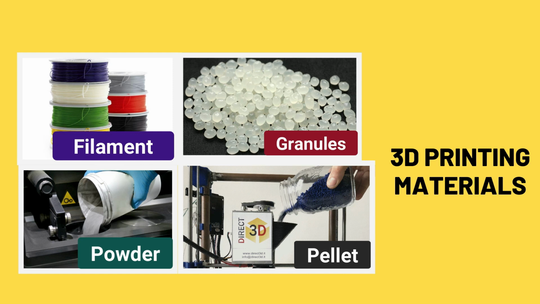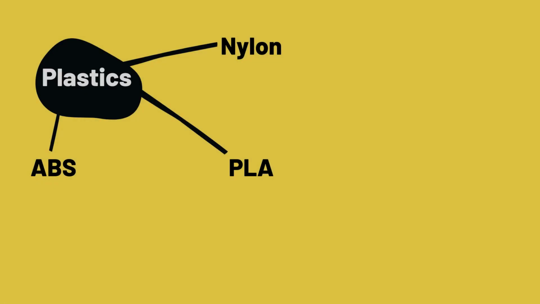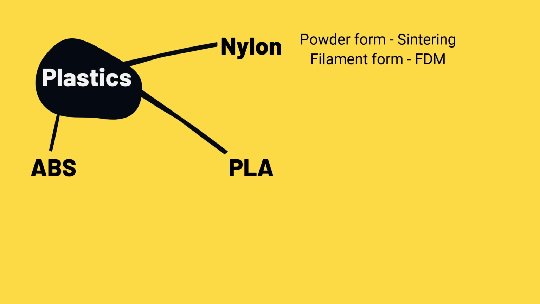In this lecture, we shall look into the most popular types of generic materials available for 3D printing, starting with plastics. When it comes to plastics, we have nylon or polyamide, which is commonly used in powder form in the sintering process or in filament form in the FDM process.